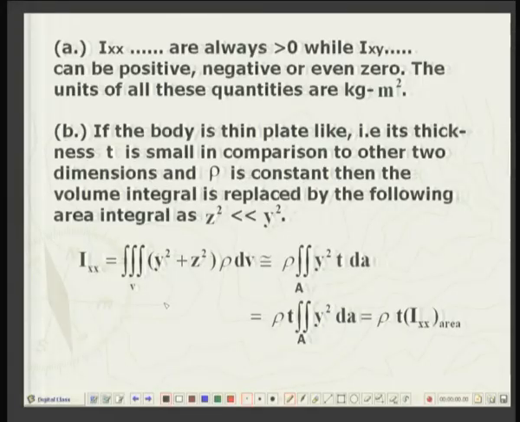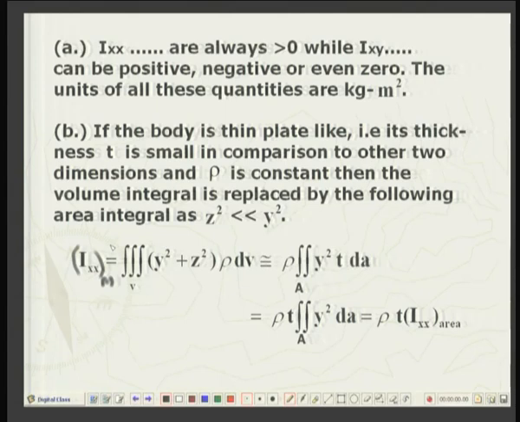So, approximately, up to second orders of infinitesimals, we can say that Ixx is equal to rho t, taken outside, into the area integral, which is nothing but the area moment Ixx. This is the mass moment of inertia, so to be specific I should write m at the bottom.